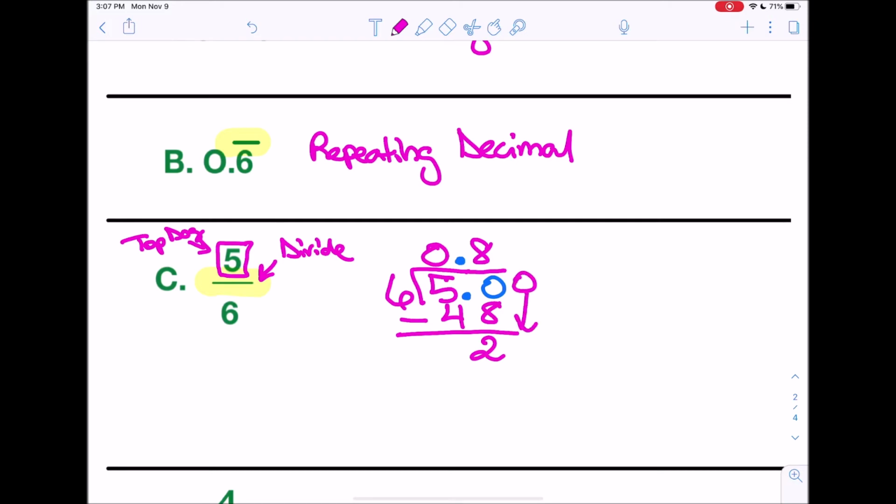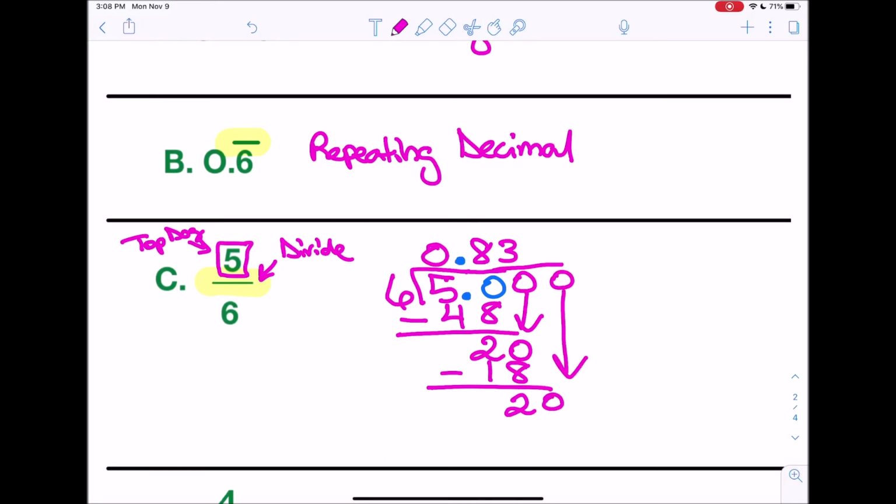I drop down another 0. 6 goes into 20 3 times, and that's 18. 20 minus 18 is 2. Drop down another 0 because we still have a remainder. 6 goes into 20 3 times. That's 18. We subtract, we get 2. You will notice a pattern.